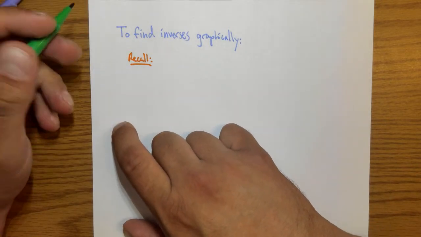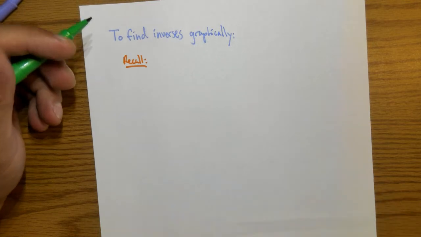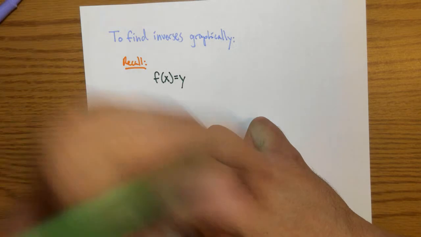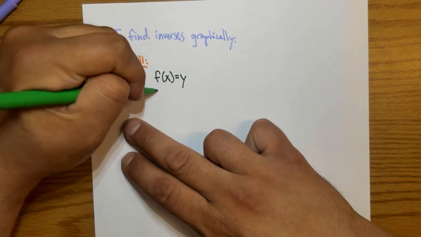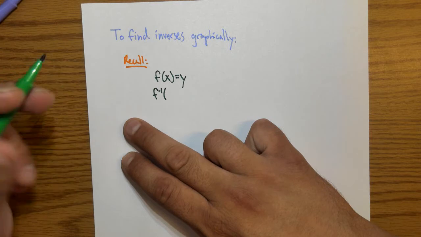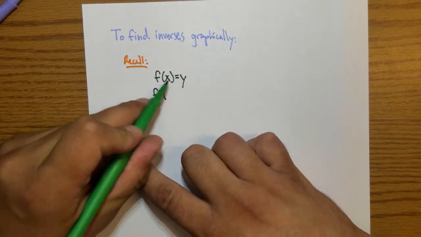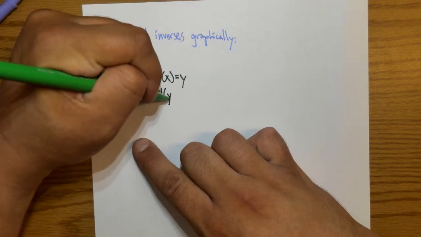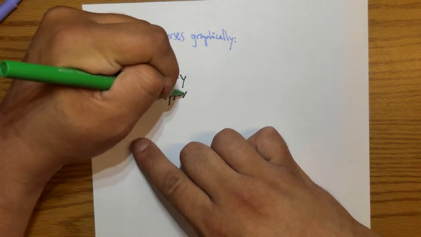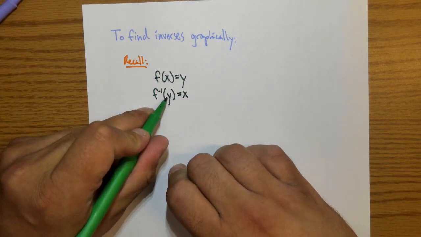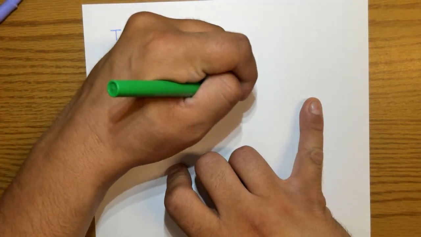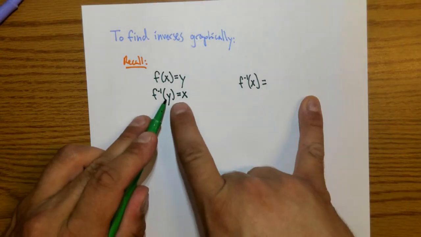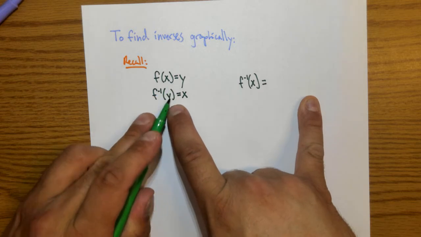Recall that if we have something like f of x is equal to y, then the f inverse is really like switching the x and y, right? We did that when we were working algebraically. We switched the x and y. So f inverse is really like saying y is equal to x, although we call it x still. You'll see it written like this: f inverse of x, right? You'll see it written like that, but really it's the y of the original function.